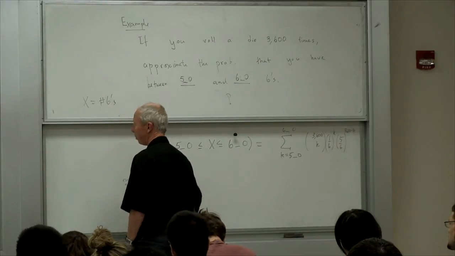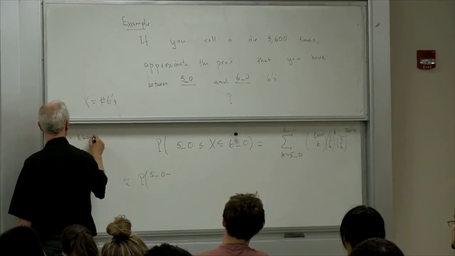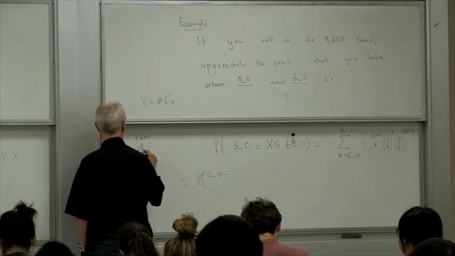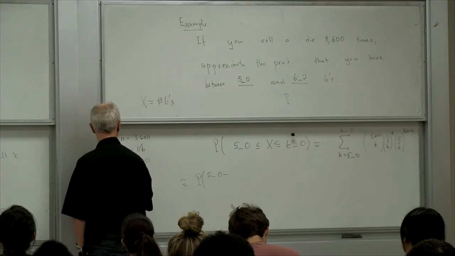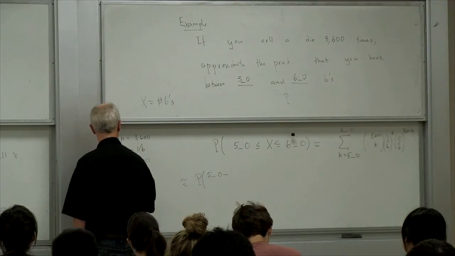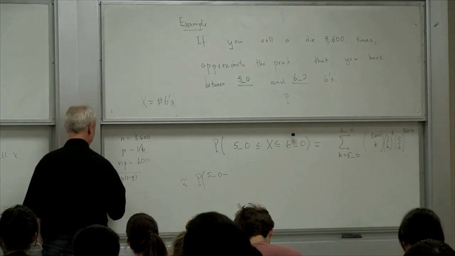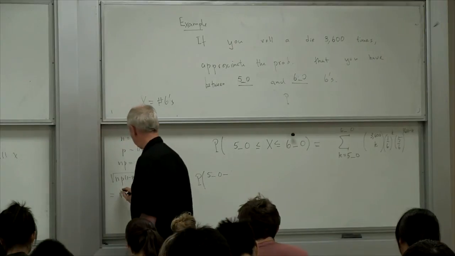What would n times p equal here? And what about the square root of np times 1 minus p? Let's see. np is 600.